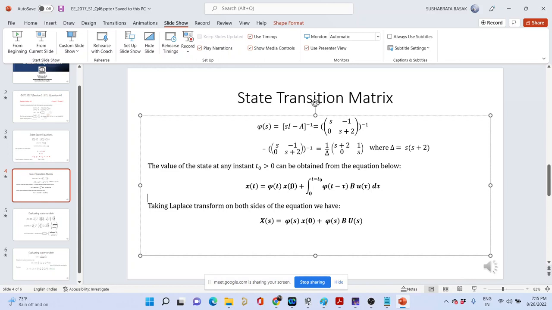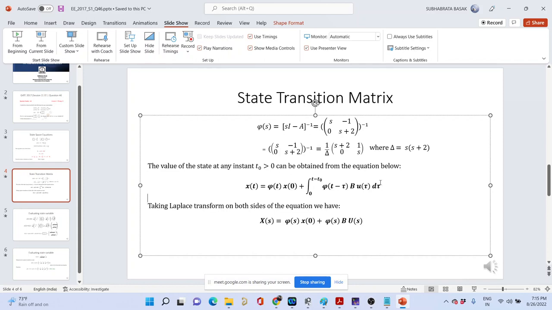Correct. The simplest way to understand this is to write a simple first order differential equation, dx/dt, and find the solution for the initial condition. Take the initial condition equal to x0, write the equation, and replace e to the power At with phi(t). Then you will easily get that relation.